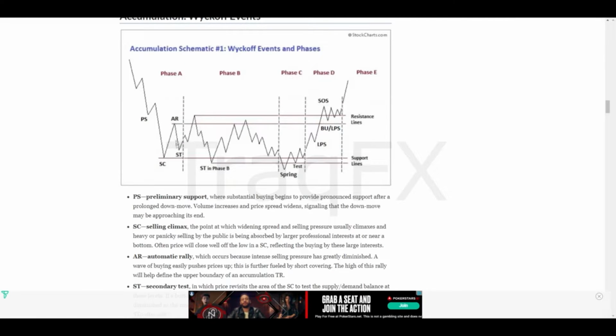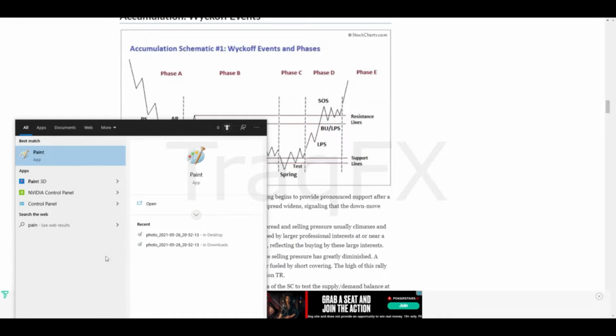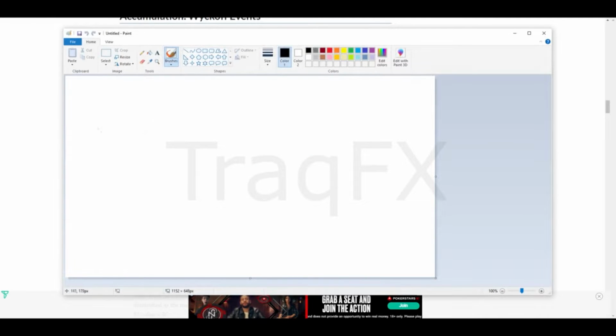Now a secondary test is basically the market coming back down to pick up any orders at the selling climax. So you know how we have order blocks and institutional candles and demand zones? Let me open up Paint and explain this in a really simple way. You have your markdown and then this push up.